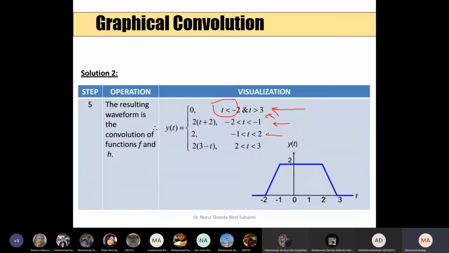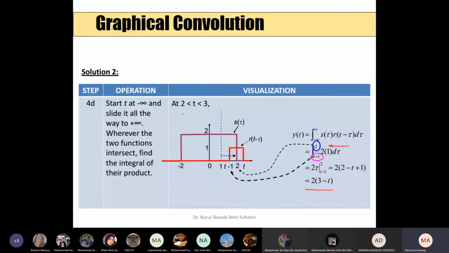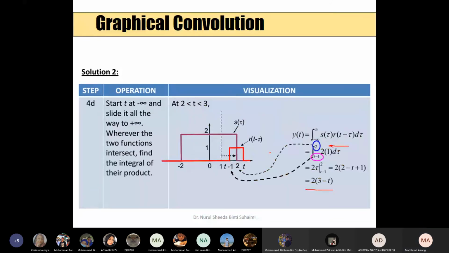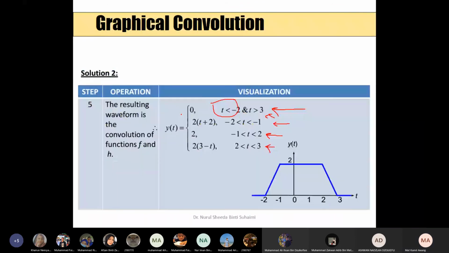And this condition comes from here. So what we do is basically a piecewise integration. And the last one comes from this condition here. So you have the result of the convolution.